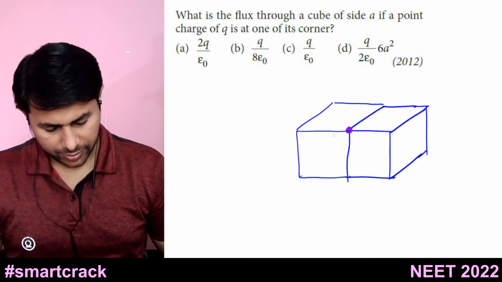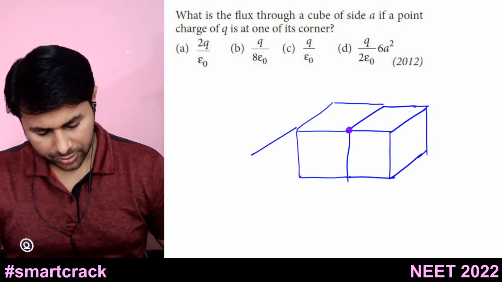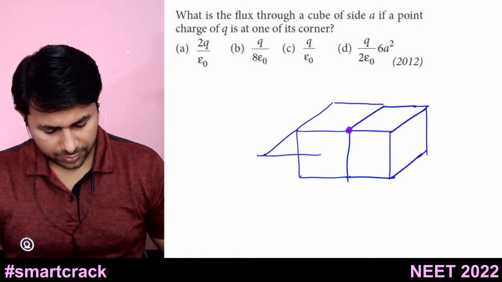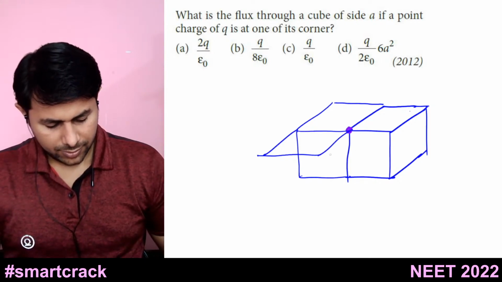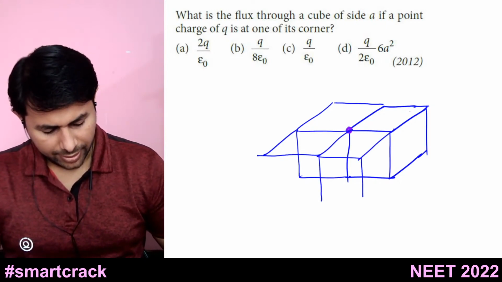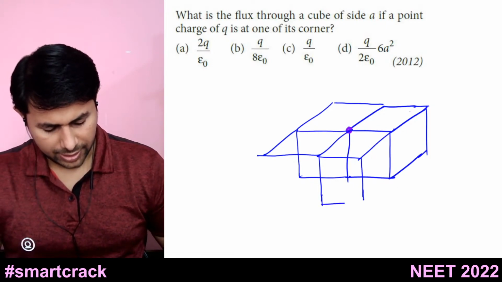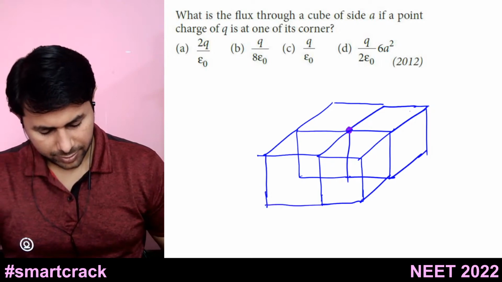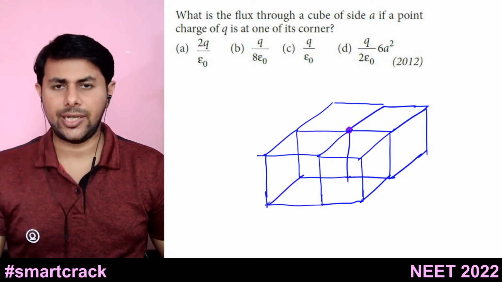Then I will draw another cube like this, and another cube like this. So now how many cubes do I have? I have 4 cubes till now. And is the charge enclosed?